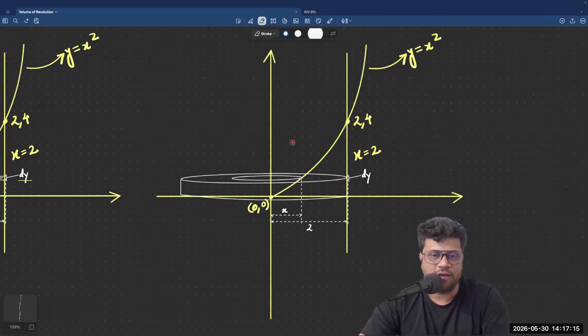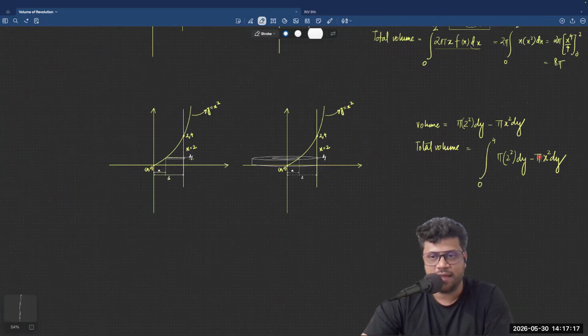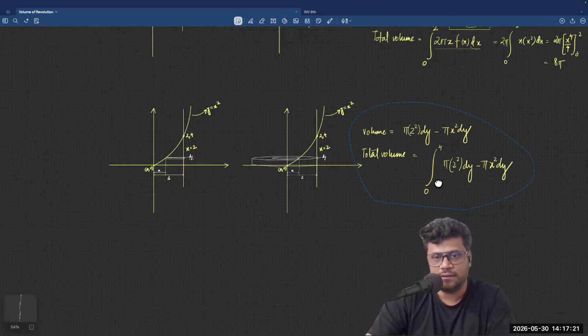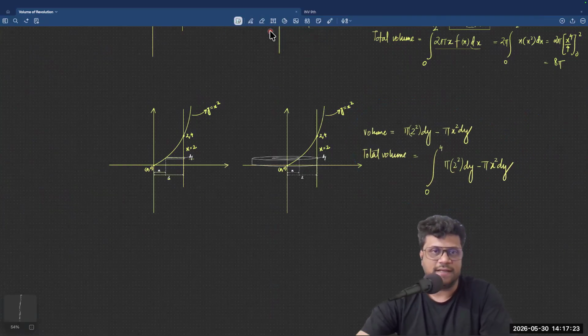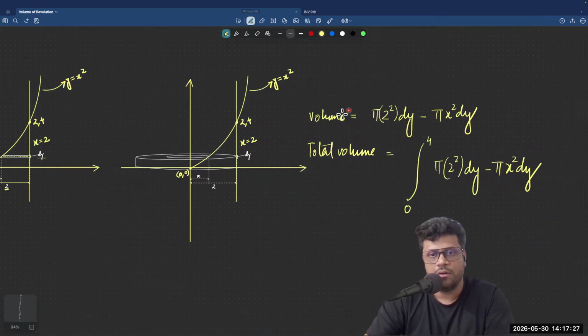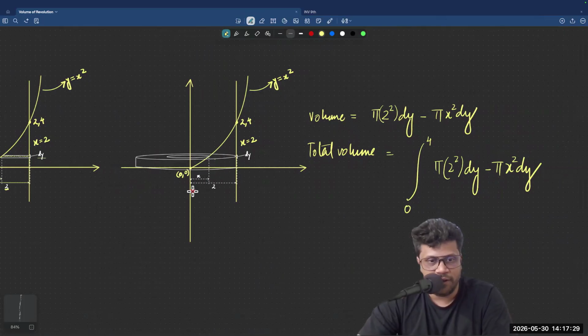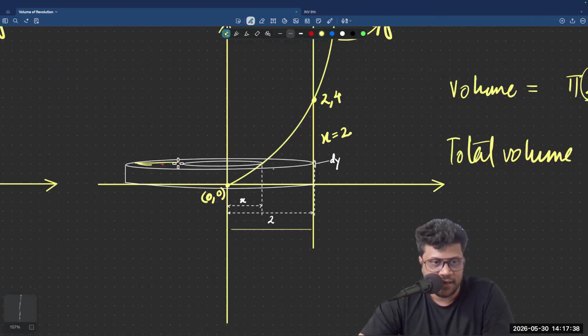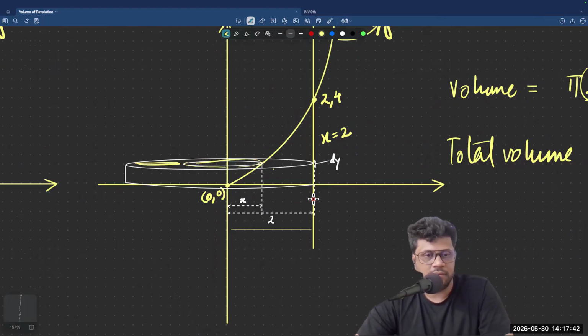What is the volume going to be? Again, we do the same thing. Volume of the outer cylinder, pi into the radius of the outer cylinder, which is 2, minus the inner cylinder, that inner shell, whose radius is x.